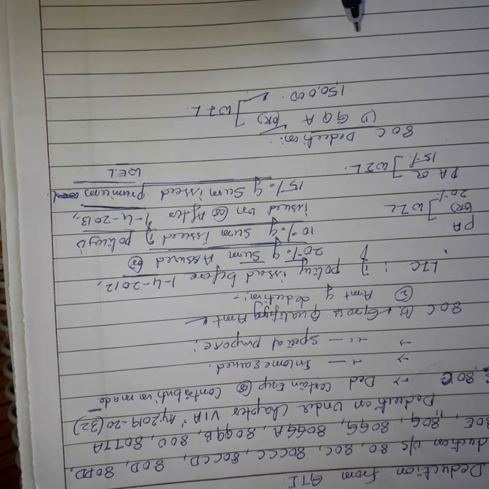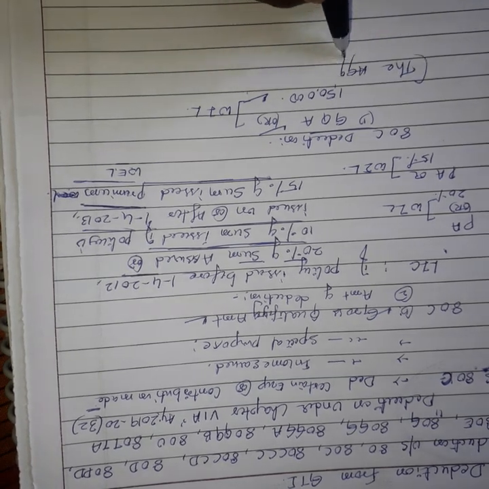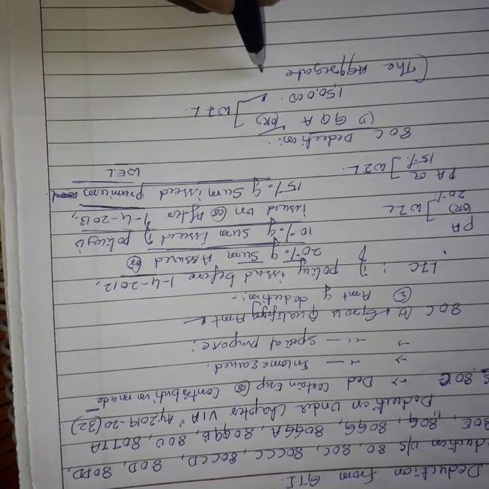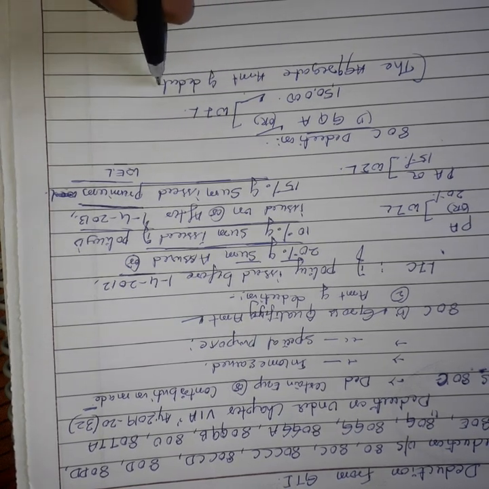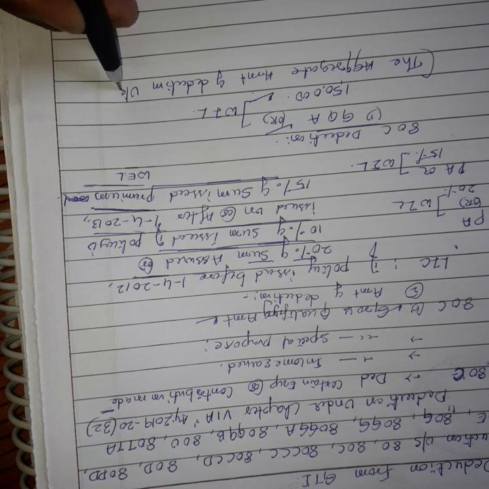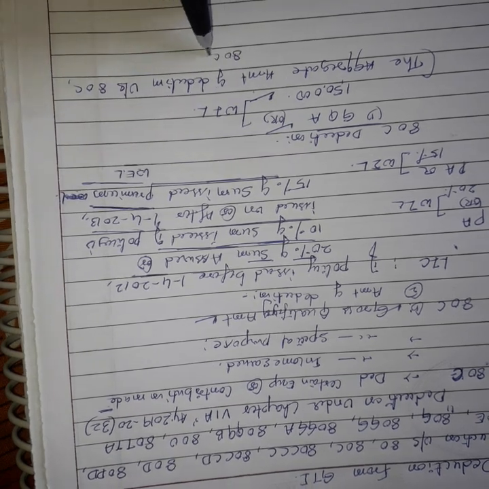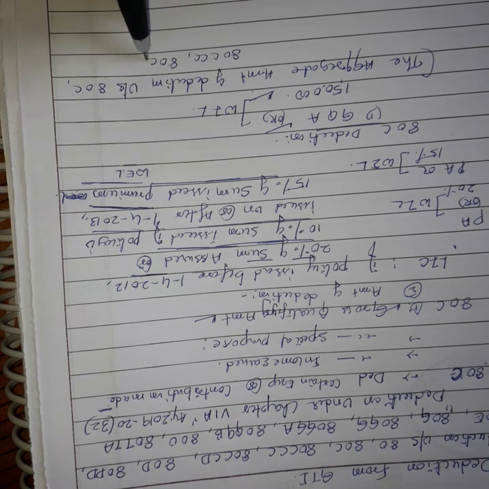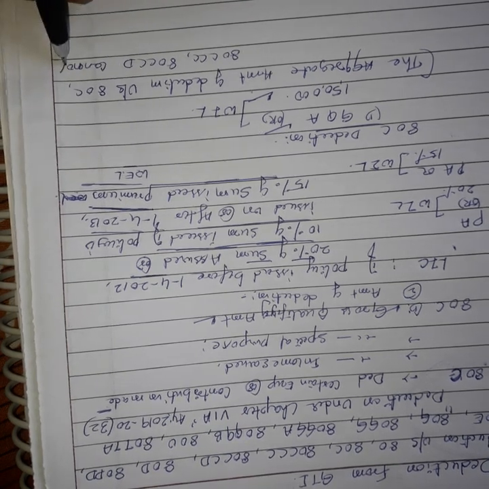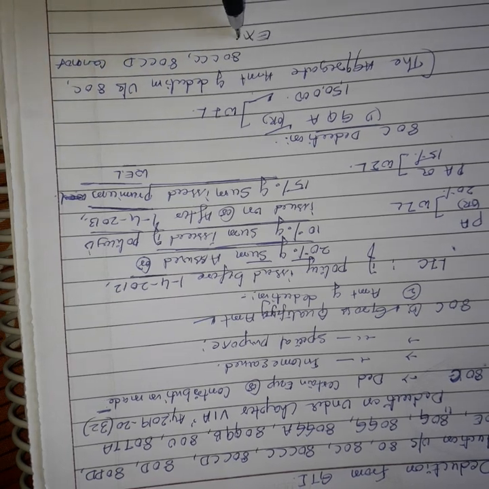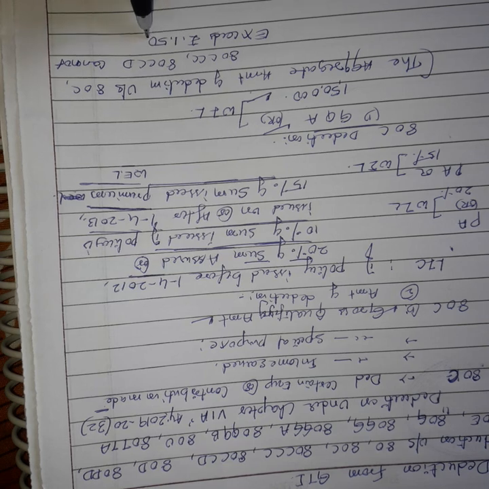Here note, the aggregate amount of deduction under section 80C, 80CCC, 80CCD cannot exceed rupees 1,50,000.